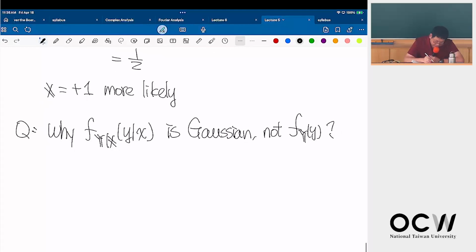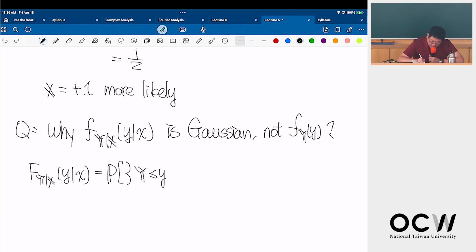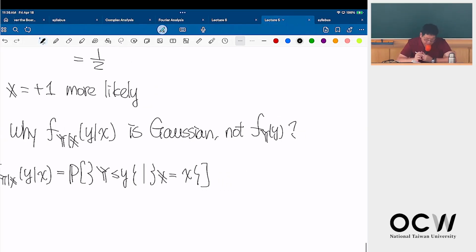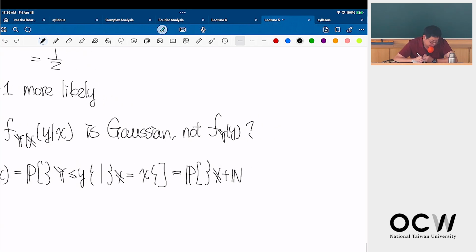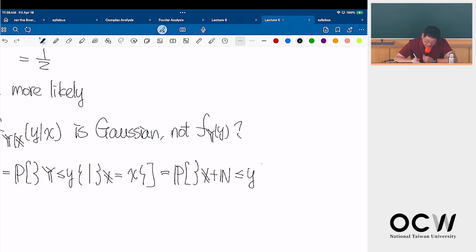Let's see first the CDF of y given x. The CDF is a probability: the probability that y is less than or equal to y, given x equals x. What is y? Y is x plus the noise n, less than or equal to y, given I have a fixed x.